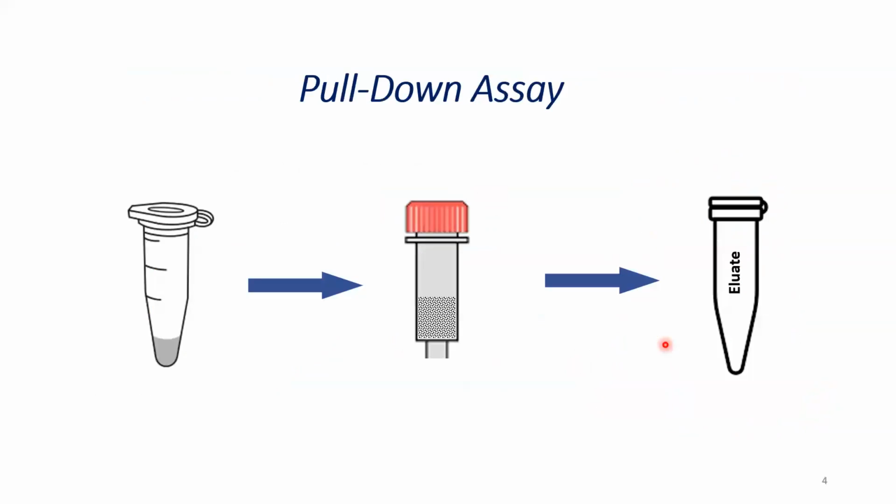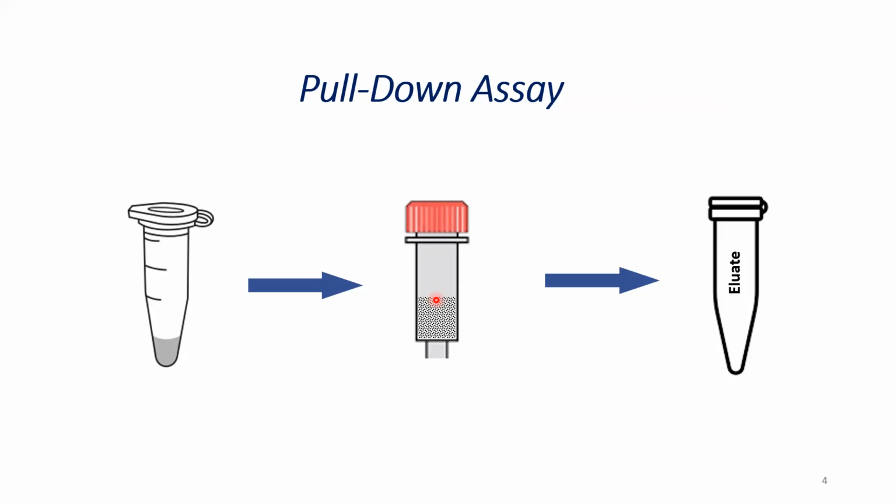To study that interaction, we used some experiments that are called pull-down assays. We expressed NSP7 with an affinity tag. We also purified seleno S, and we mixed those two proteins together, and we applied that complex to affinity beads.